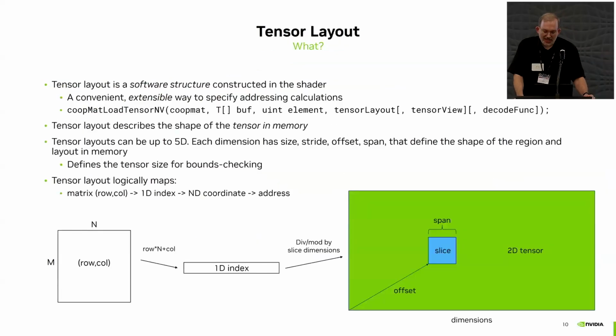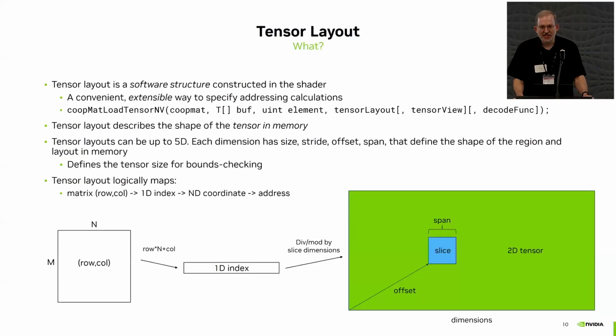Okay, so the tensor layout is a software structure that gets constructed in the shader, and it's meant to be an extensible way to pass parameters that are related to addressing calculations. So the layout describes the shape of the tensor in memory. It's not about the matrix that you're loading into, it's the shape of the tensor that's in memory. The layouts can be up to 5-dimensional.